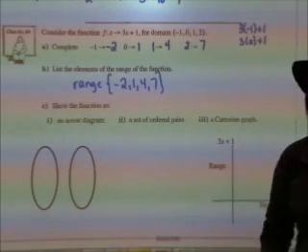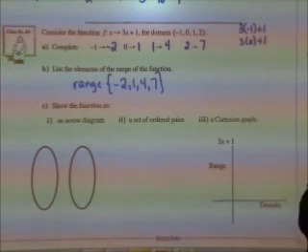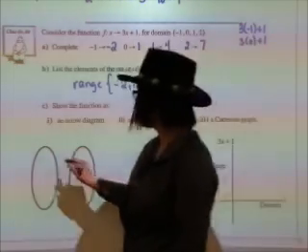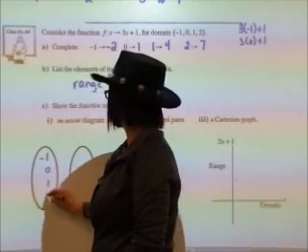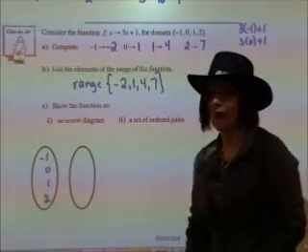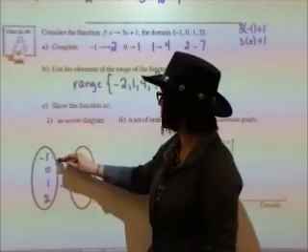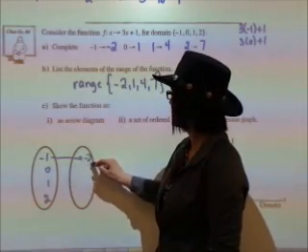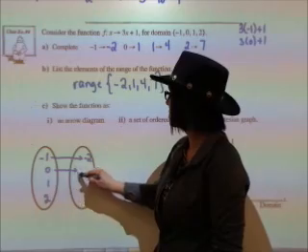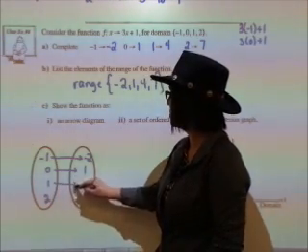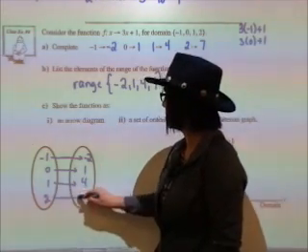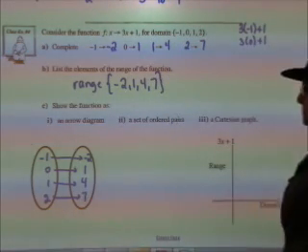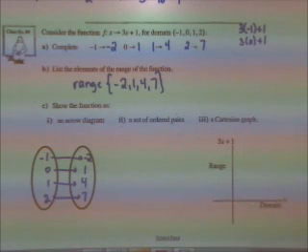The first oval has my inputs. What were my input values? -1, 0, 1, 2. And then I map them. -1 maps to -2, 0 maps to 1, 1 maps to 4, and 2 to 7. There's my arrow diagram.